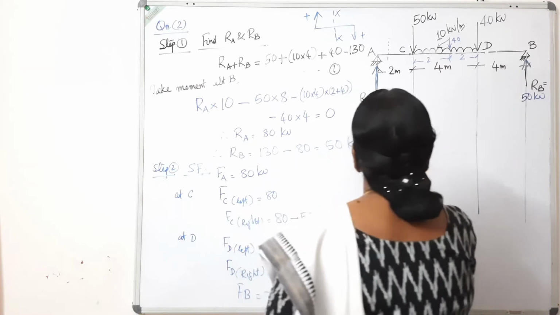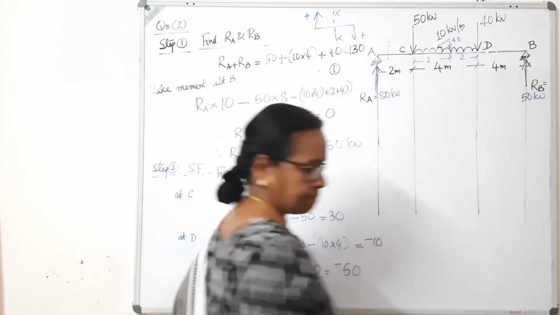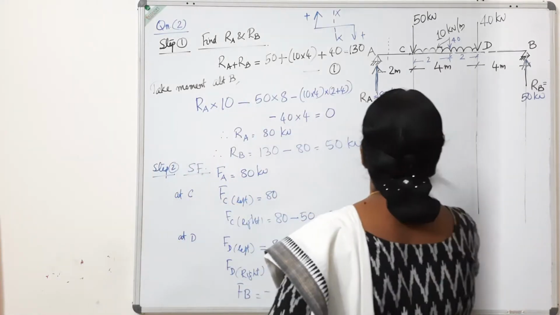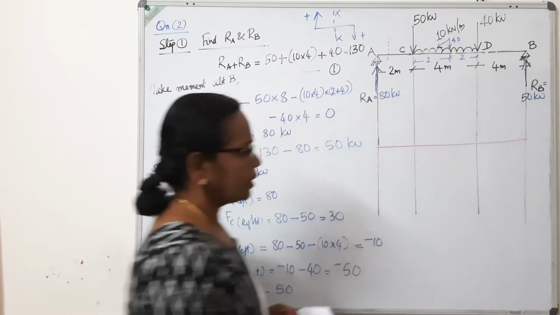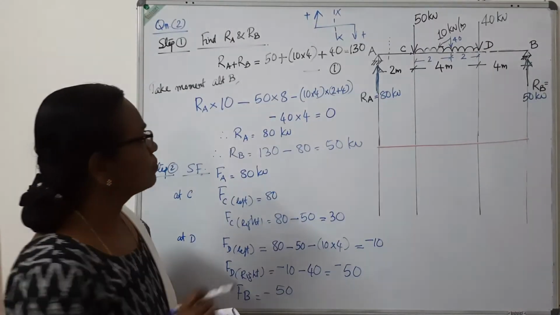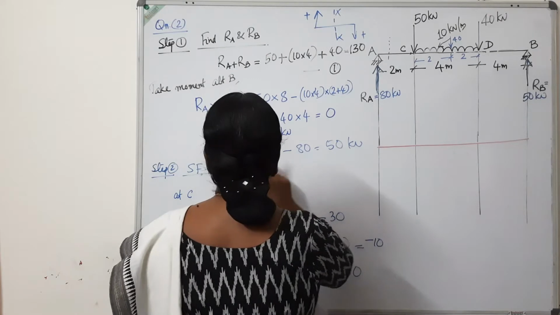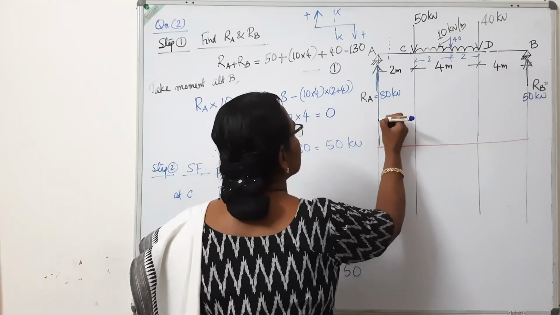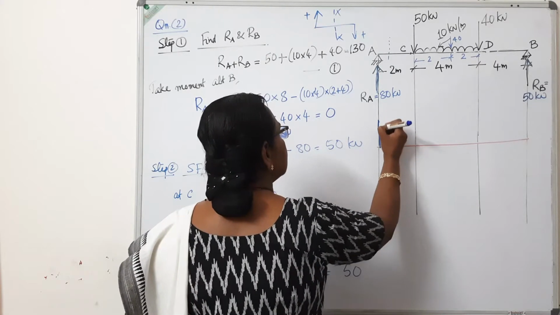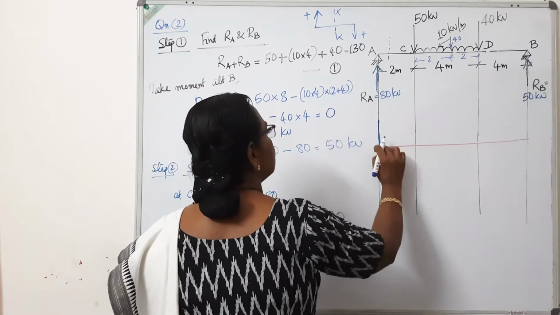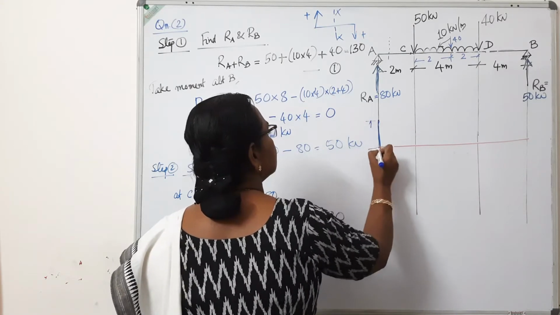To draw the diagram, draw the baseline. Mark the values. FA is 80. So from here you mark 80 kilonewton to some scale.